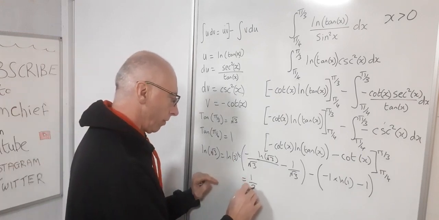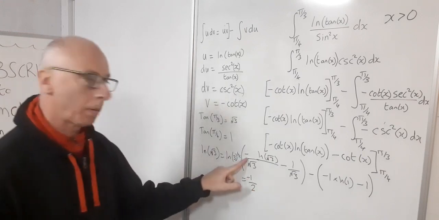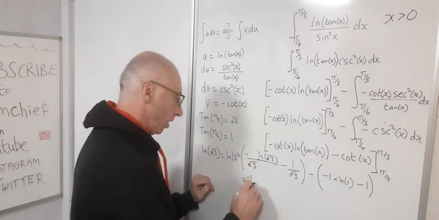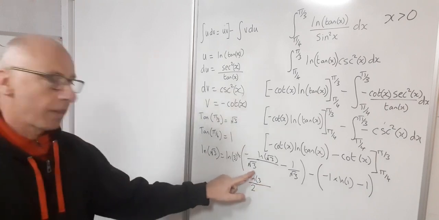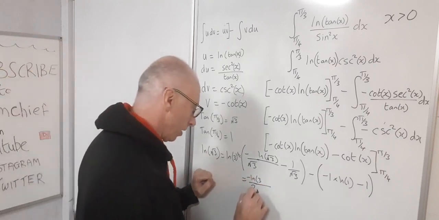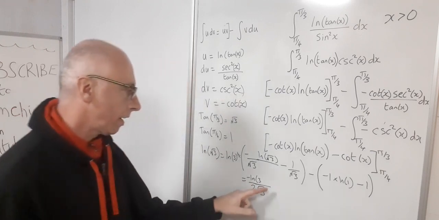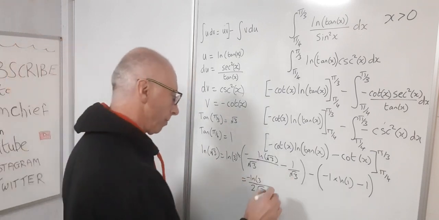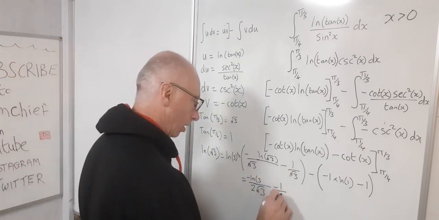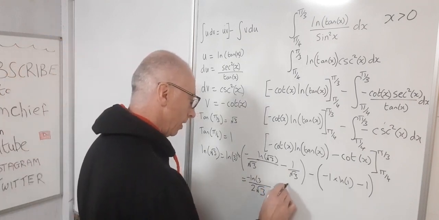So I've got 1/2, and it's a minus because I've got my minus sign here, and then I've got the log of 3. The square root of 3 is going to have to stay. Then I've got minus 1 over square root of 3.